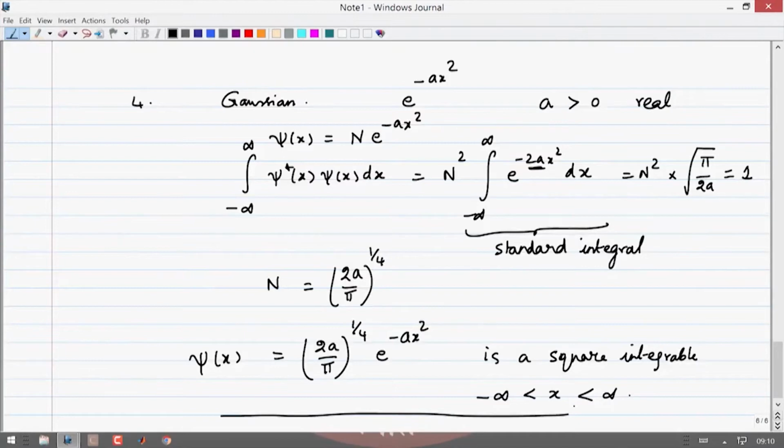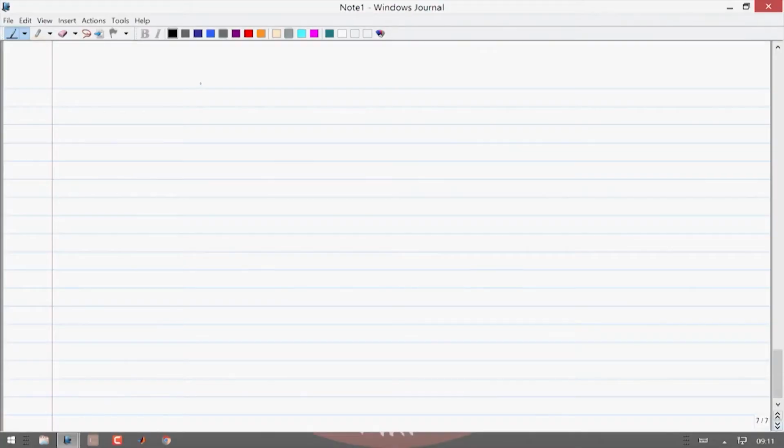So, these are some examples of the normalized or normalizable or square integrable wave function, and in the quantum mechanics that we would be studying in this course, we would confine ourselves to wave functions which can always be normalized to 1. Second property, it is related to the wave function itself. The second property for the wave function is it is linear.